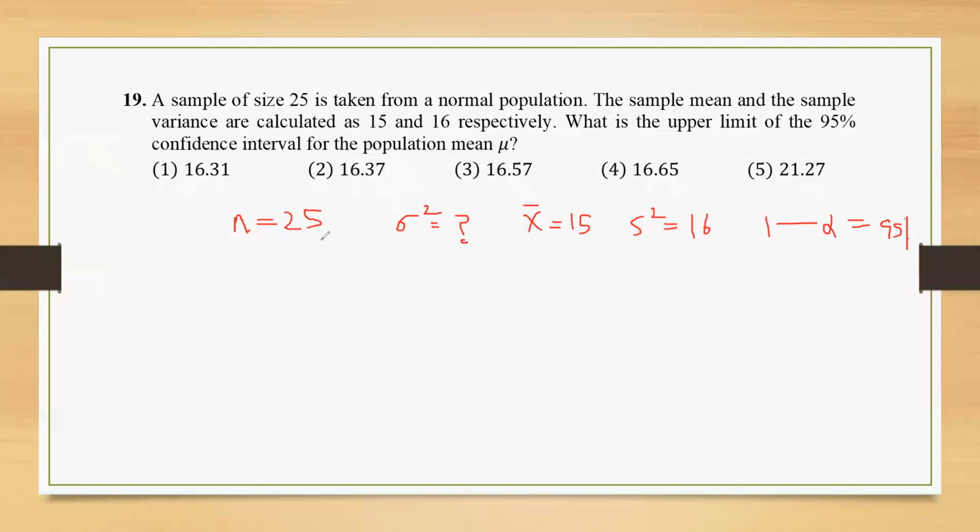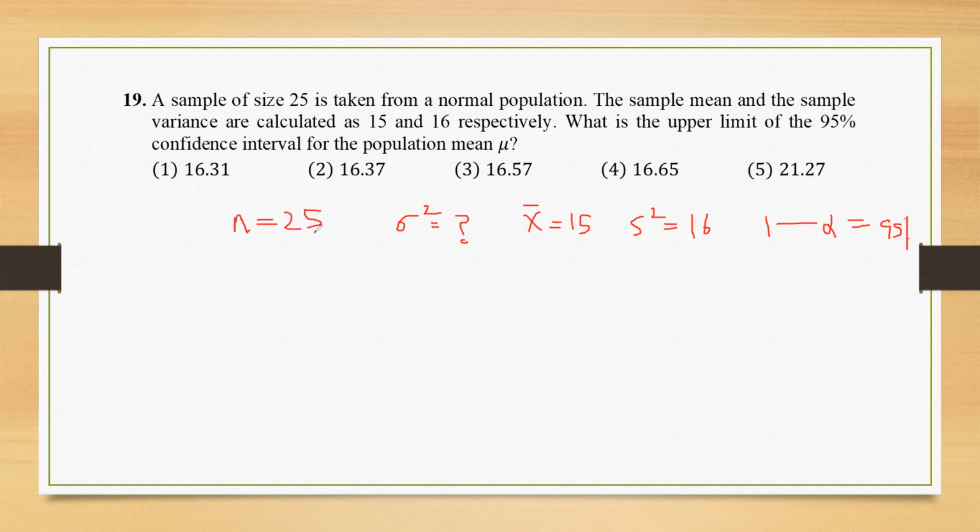With a small sample size and unknown population variance, you have to use the T distribution for constructing the confidence interval.